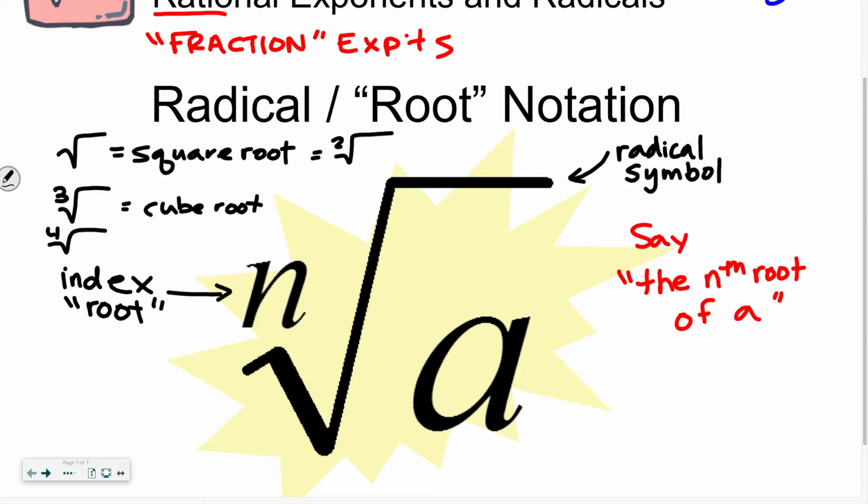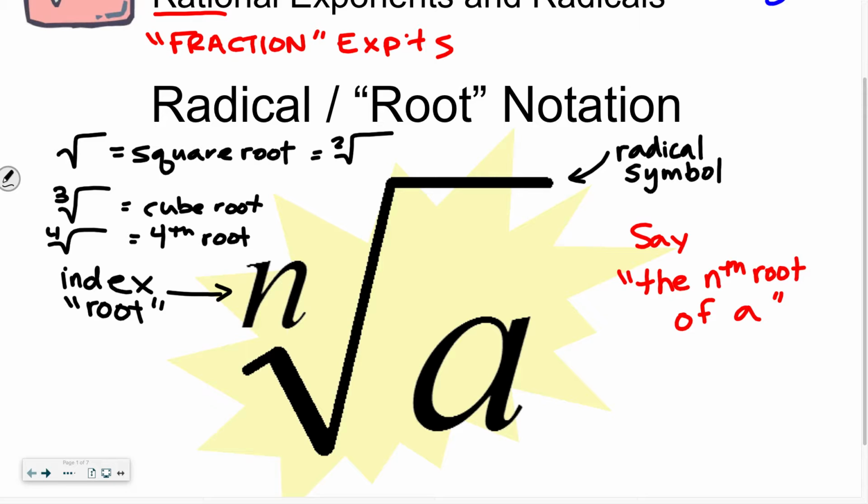We don't have any other special names besides square and cube roots. So then we just call it a 4th root. We don't get too crazy with the names. So you really just need to know square root, cube root, 4th root, 5th root, 6th root. If you call it the 3rd root, that's fine, but you'll hear me say cube root a lot. And that refers to the index or the root.